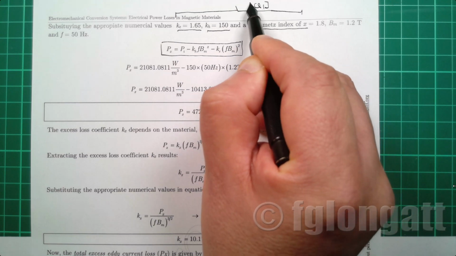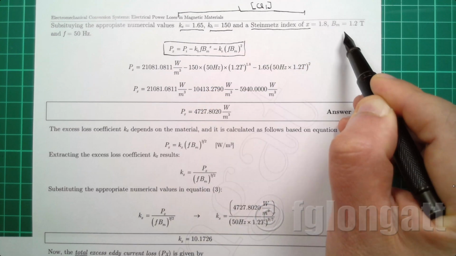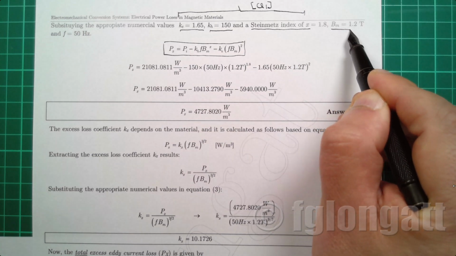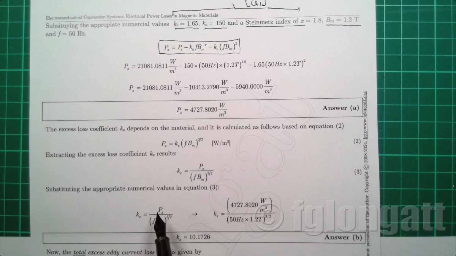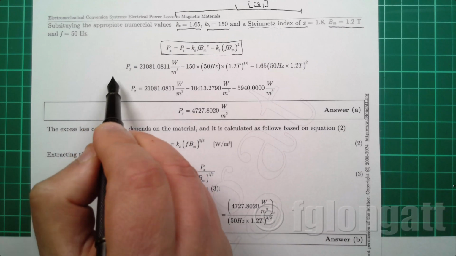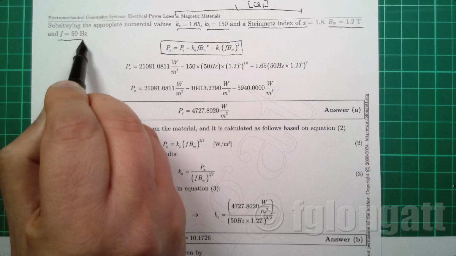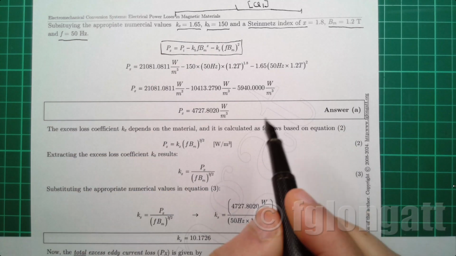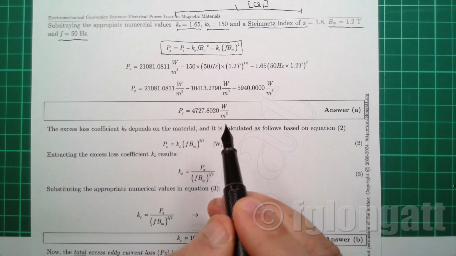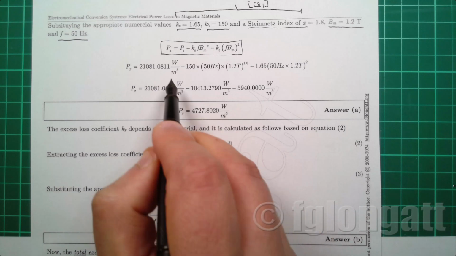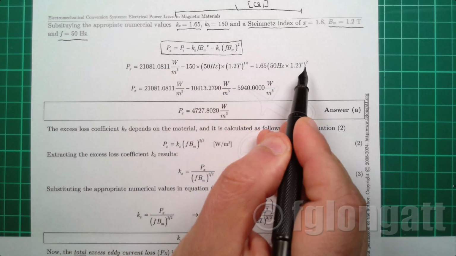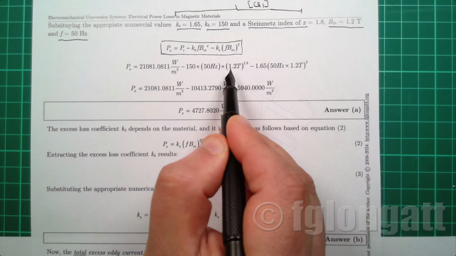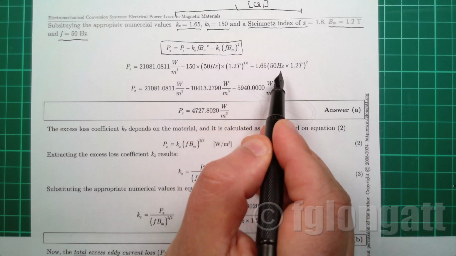We also know the operating point: the maximum magnetic density is 1.2 Teslas, and the operating signal is an AC signal with 50 Hertz frequency. So now we just need basic numerical substitution. We know 1.2 Teslas, we know 50 Hertz.